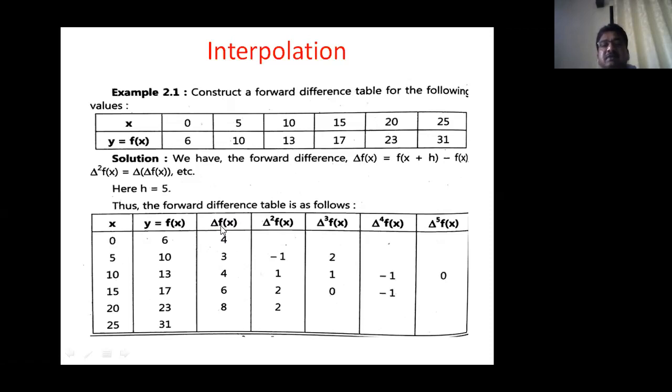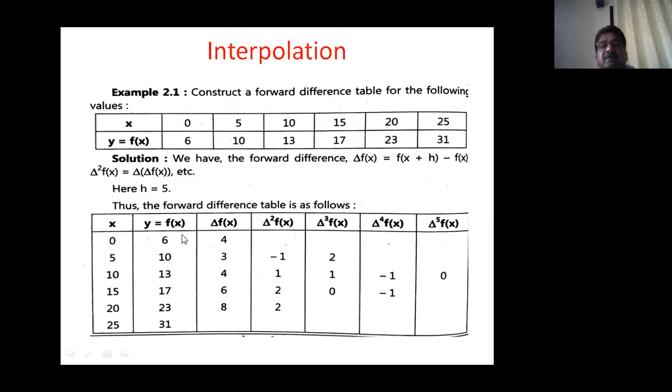In the first difference column, delta fx, the entry is 10 minus 6, that is 4. Write 4 in the middle of 6 and 10. Then 13 minus 10 is 3, then 17 minus 13 is 4, then 23 minus 17 is 6, and then 31 minus 23 is 8.